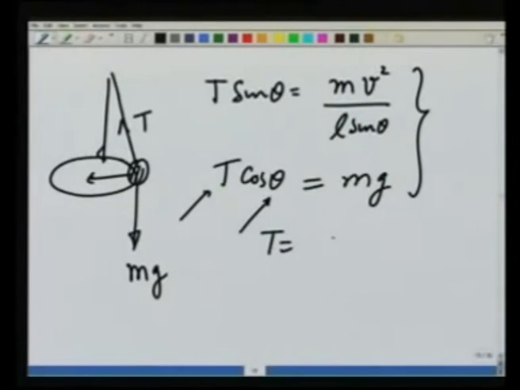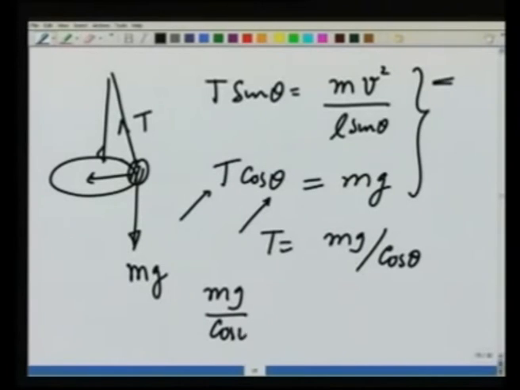So, what is the way out? But let us first solve this. From here I get T equals mg over cosine theta, and when we substitute it in this equation, we get mg over cosine theta equals m v square over L sine theta, and there was a sine theta here also.